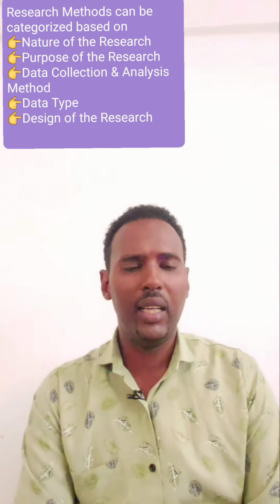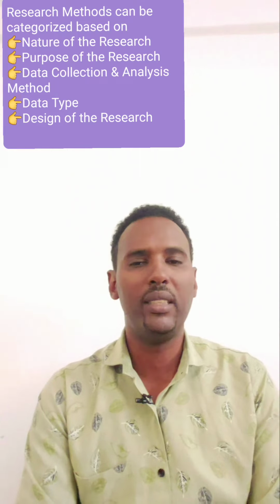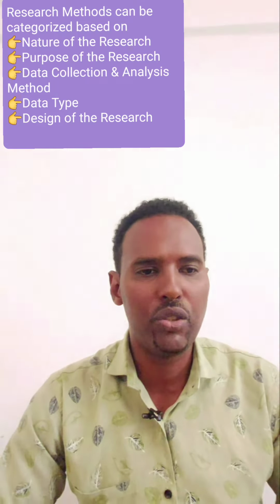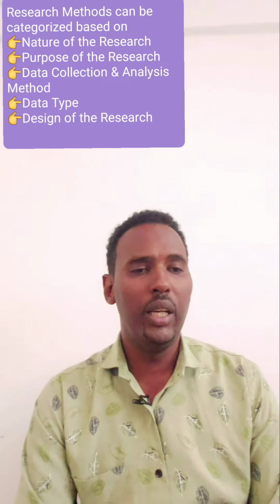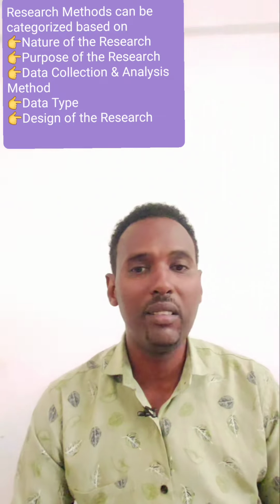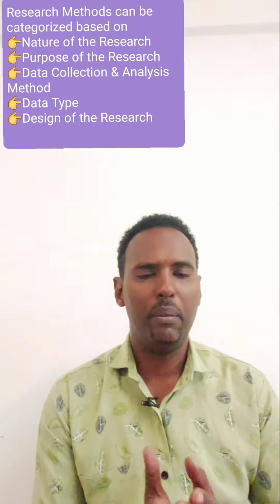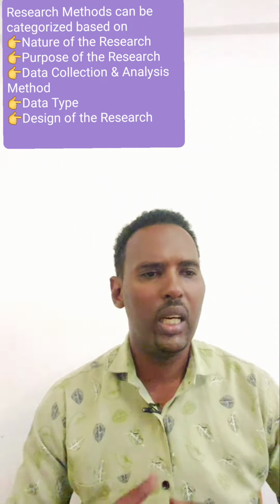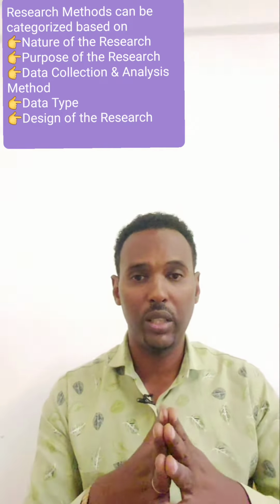Based on the data, again, the type of data, research can be divided into two. That is primary research and secondary research. When we say primary research, it is when we collect data directly from the subject, maybe using surveys, interviews, or observation.